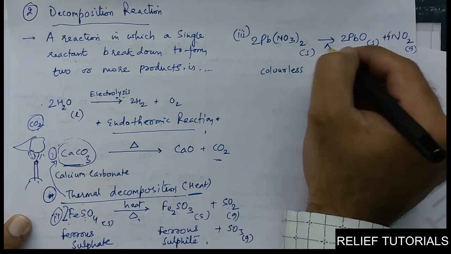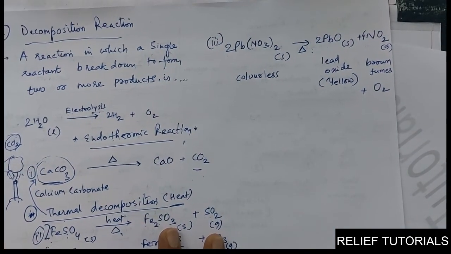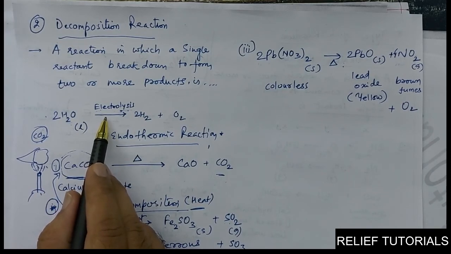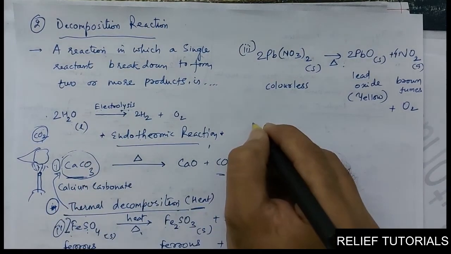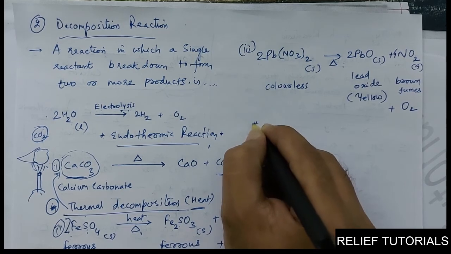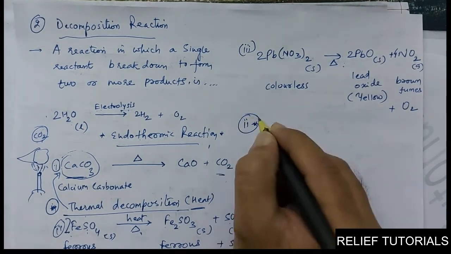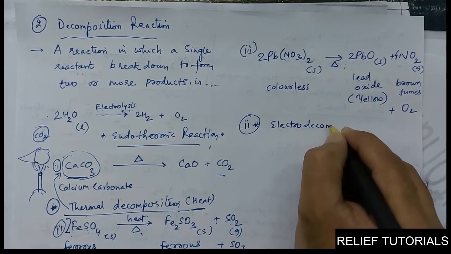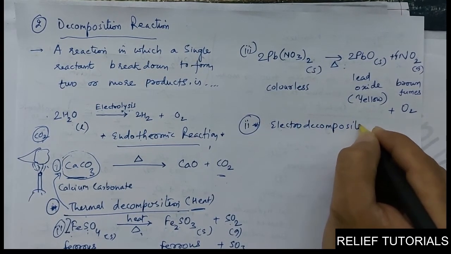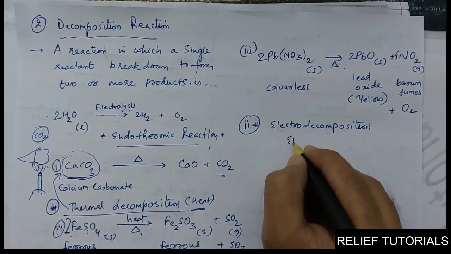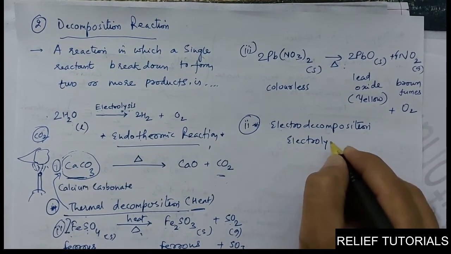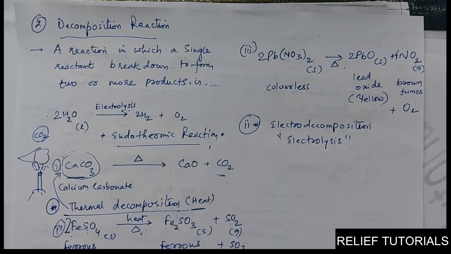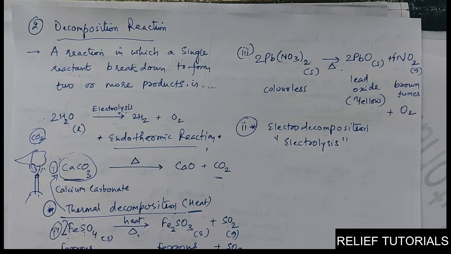So in all these examples we are providing heat. Here was the example where we are not providing heat. Here we are providing electricity. So the second type of decomposition reaction is the electrodecomposition reaction, also called the electrolysis process, in which we are applying electricity to break the molecule.